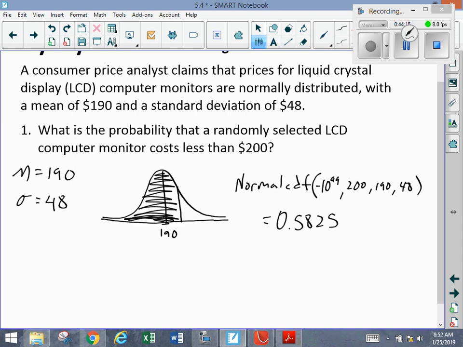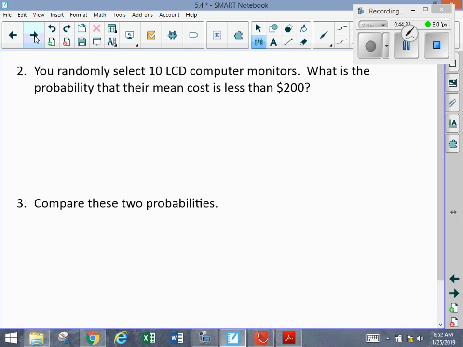All right. Well, that was just what we did in 5.3. So why are we doing this? We're going to compare it to the same probability, the same situation, using a sample. So what if we randomly selected 10?